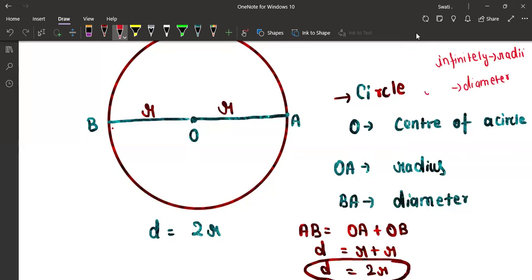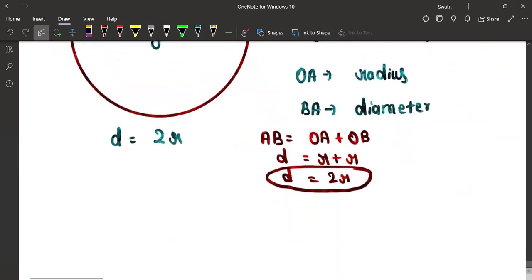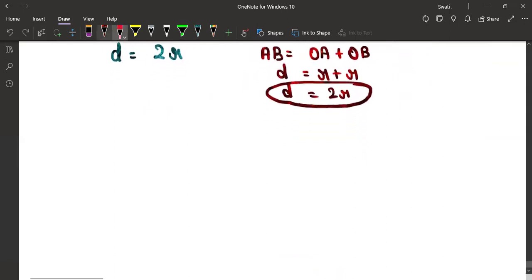So infinite diameters and infinite radii. Now, diameter is equal to 2r, right? This is your first formula for the circle that you have got. From this formula you can solve a lot of simple and very basic questions.